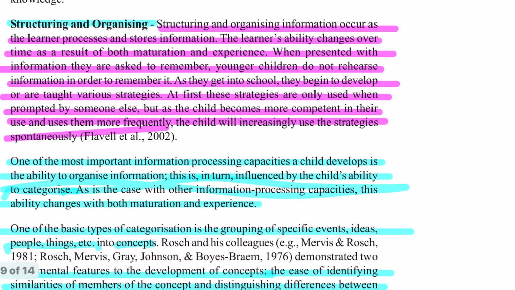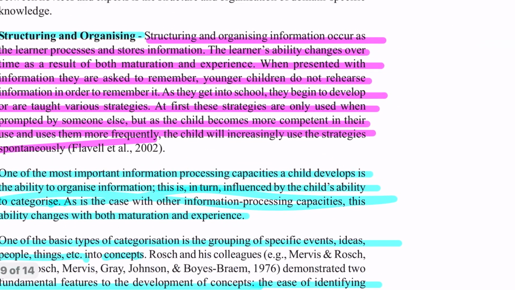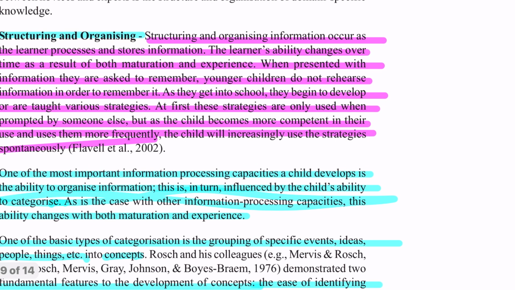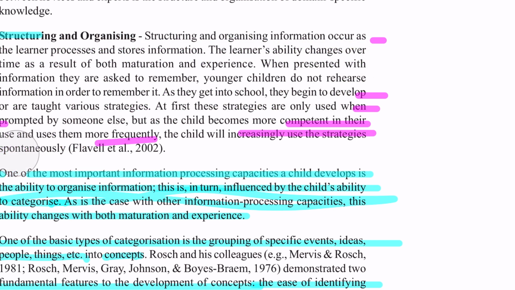And structuring and organizing, how you structure the information, how you store it in your brain, that is what structuring and organizing information is. It occurs when the learner processes and stores information, and it reflects the learner's ability to change over time.